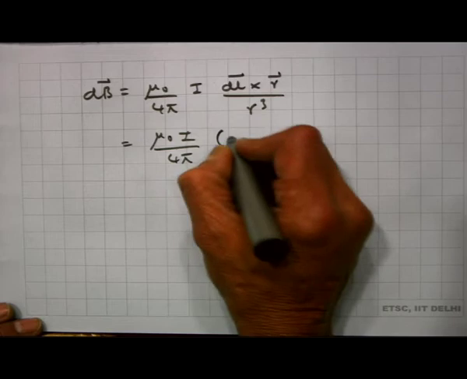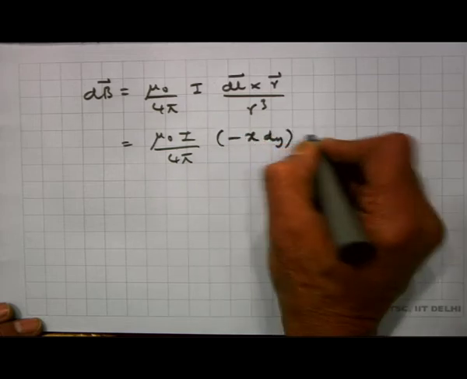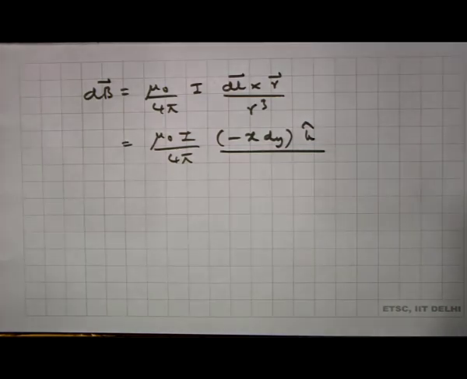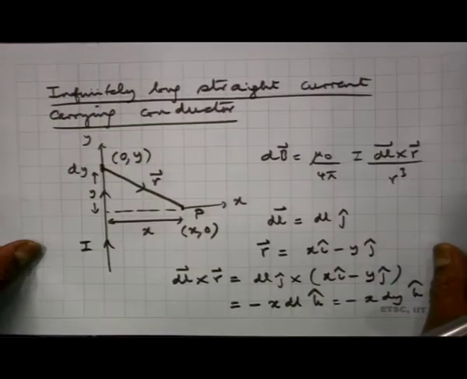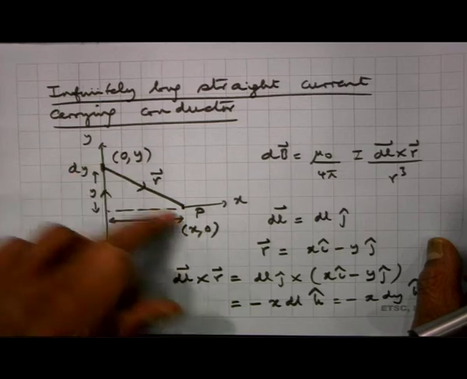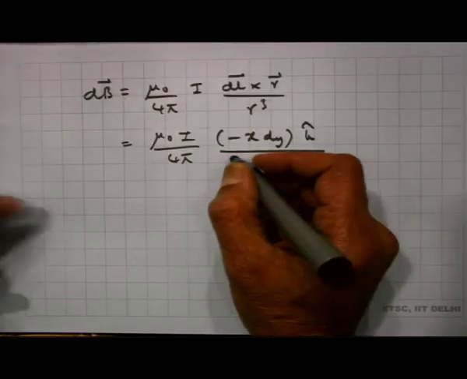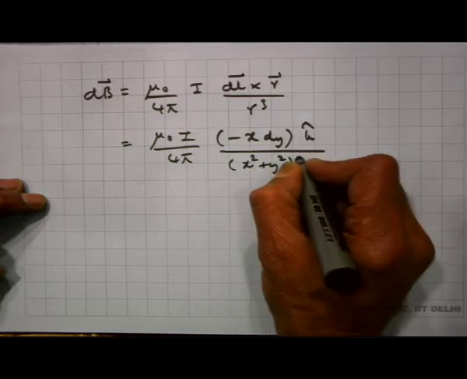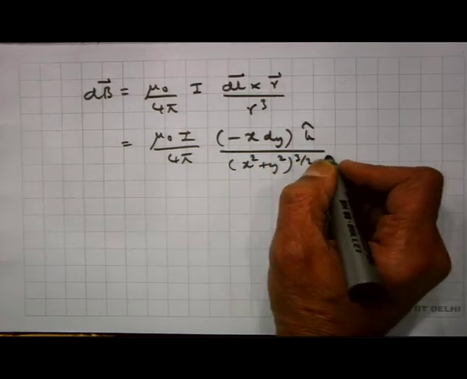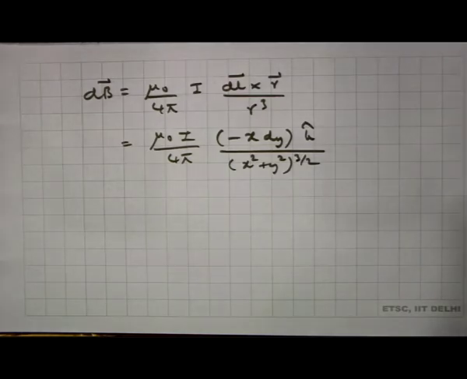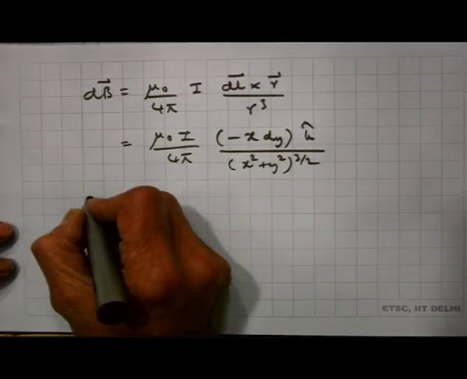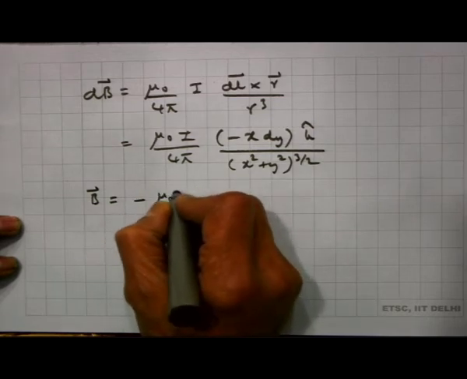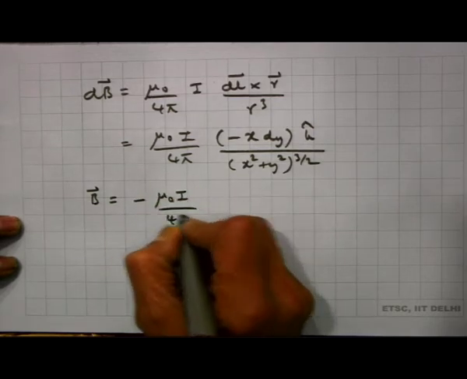So, dl cross r is minus x dy k cap by, now what is the magnitude of r? x square plus y square is r square. So, this is nothing but x square plus y square raised to the power 3 by 2. So, the total magnetic field will be equal to minus mu naught I by 4 pi.